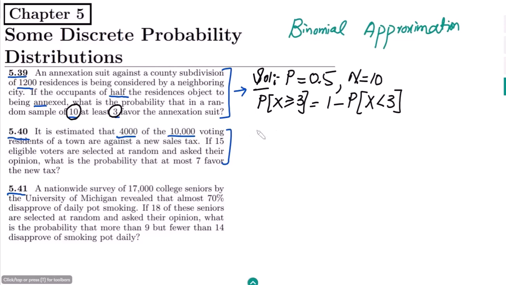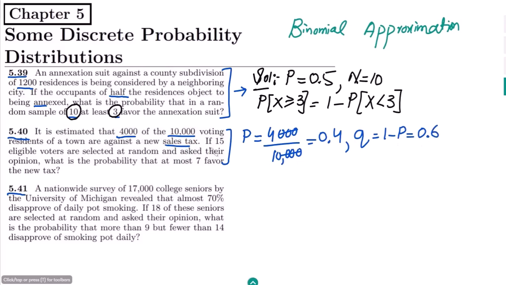From it we can write the probability: 4,000 divided by 10,000, which is 4 by 10, so it would be 0.4. This is the probability that a random person is against the sales tax policy, and the probability that a person is a proponent of the tax policy would be 1 minus p, which is 0.6. From it we have deduced this.